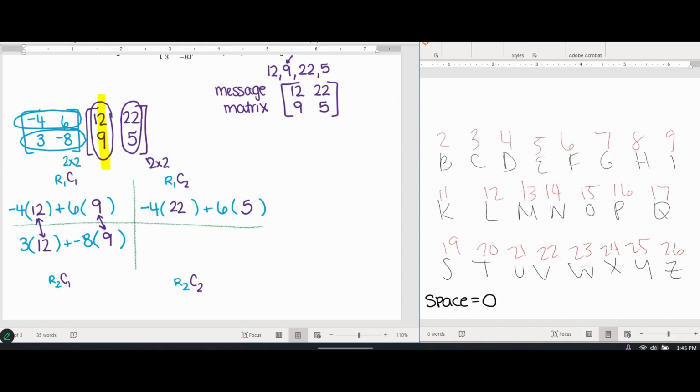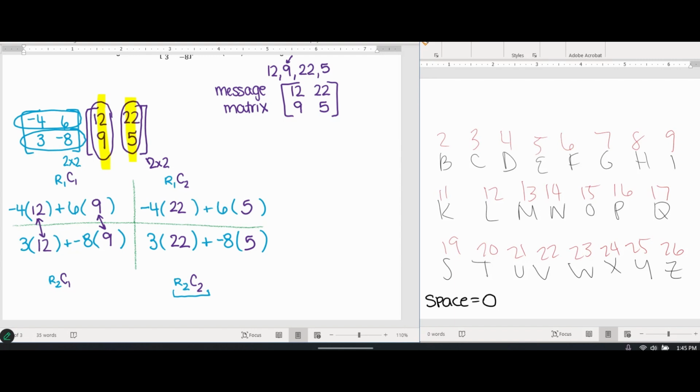If it doesn't, you made a mistake. Go back and fix it. Bottom right corner, we need to take row 2 times column 2. So we're going to have 3 times, looking at second column, 22 plus negative 8 times 5.